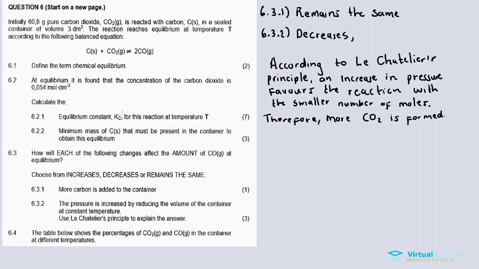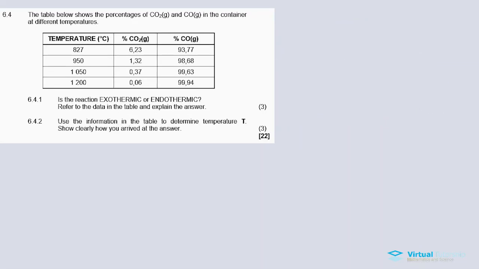So we go to 6.4, where there's a given table. The table below shows the percentages of carbon dioxide and carbon monoxide in the container at different temperatures.